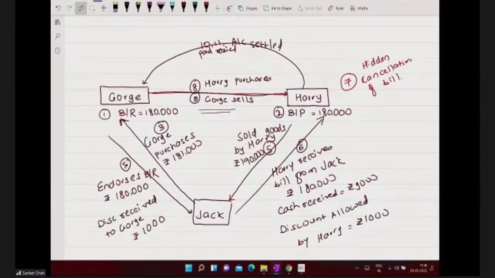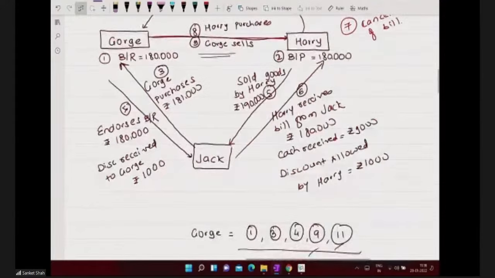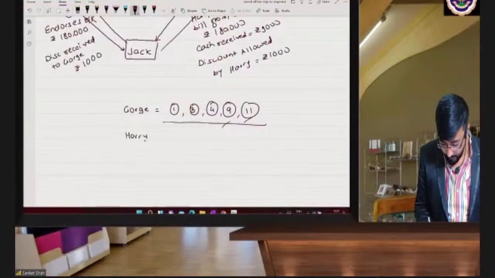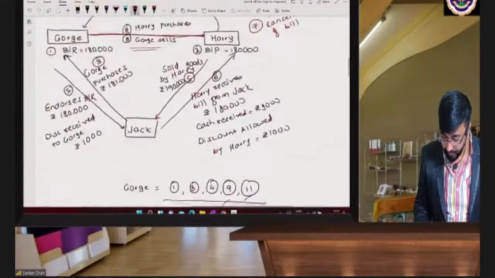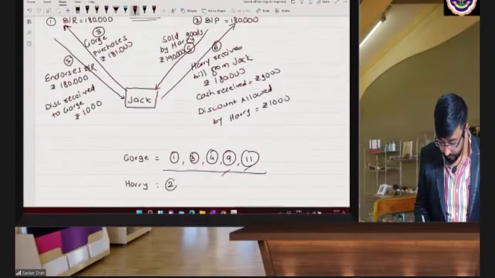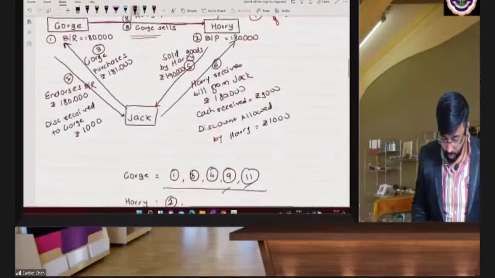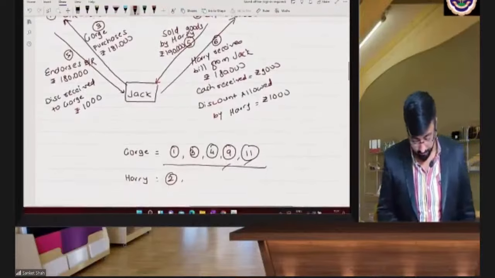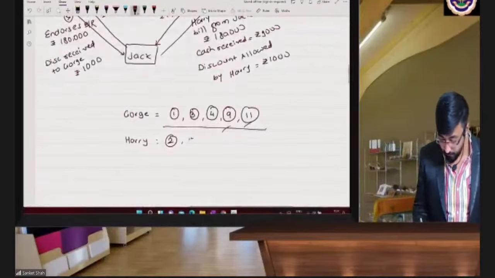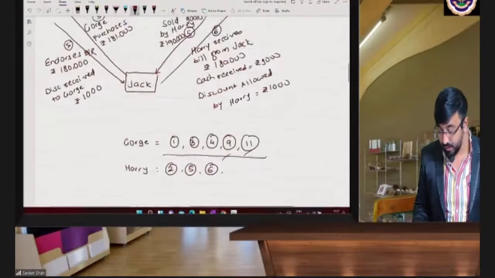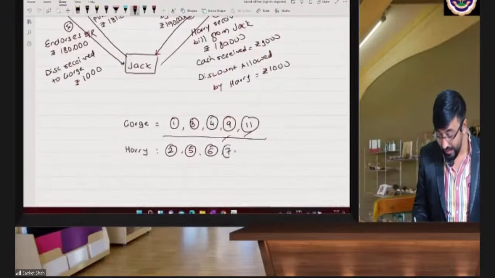Beta, you forgot 7 number entries. So in Harry's books, entries are number 2 bills payable, then no number 1, no number 3, 4, then he sold goods, so 5, then he's getting endorsed bill, so he's going to cancel it.